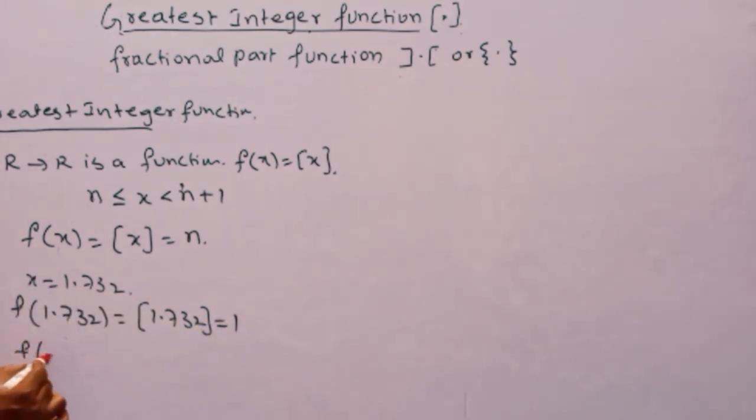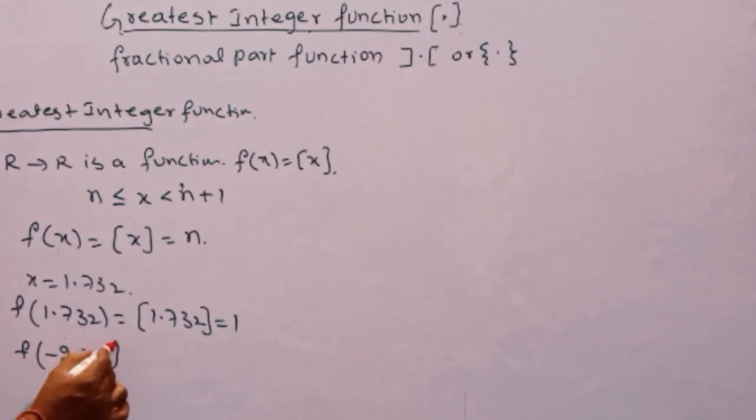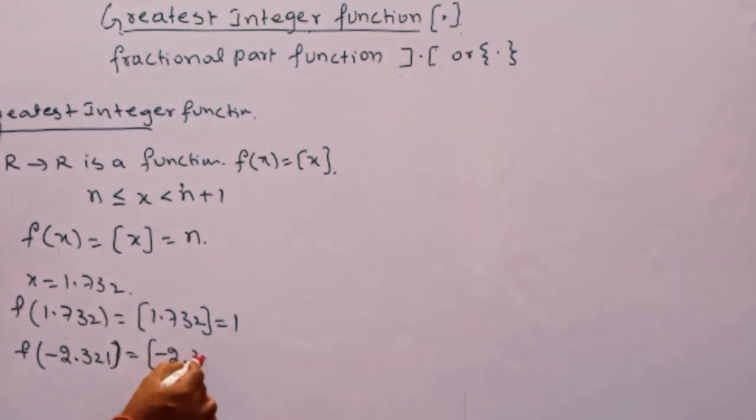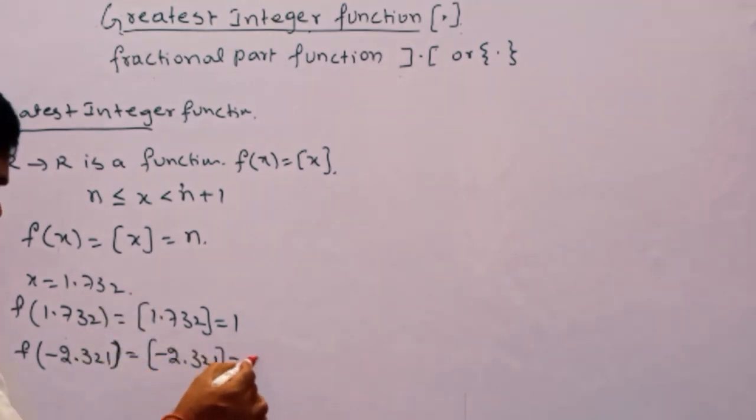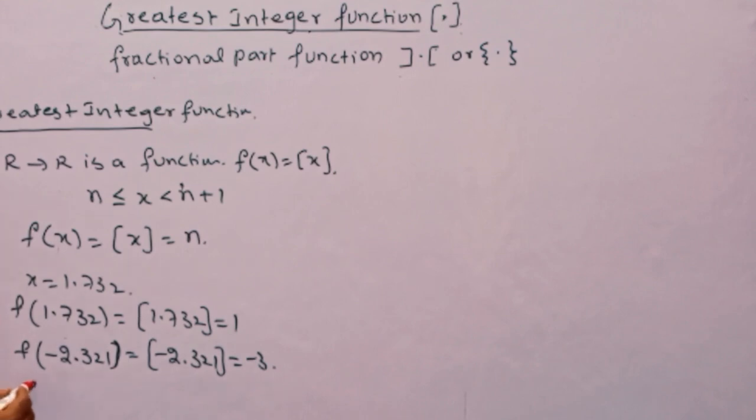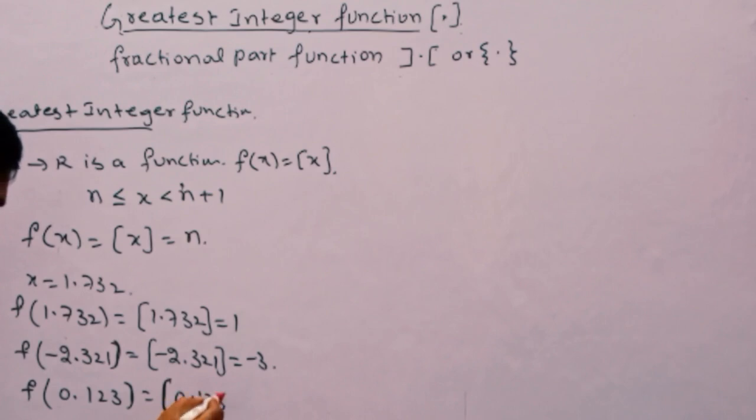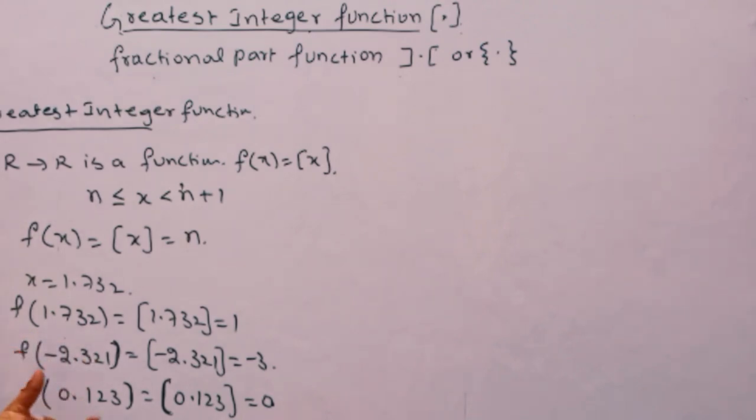f(-2.321) = [-2.321] = -3. f(0.123) = [0.123] = 0.